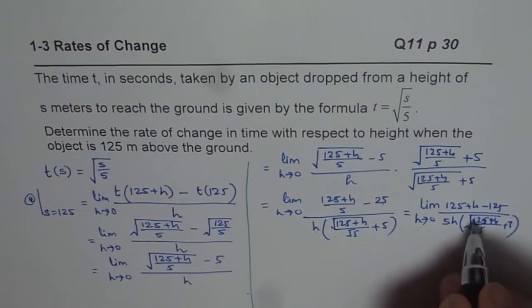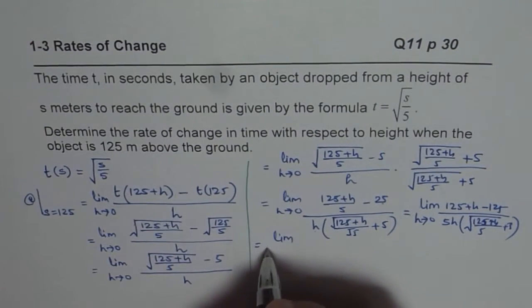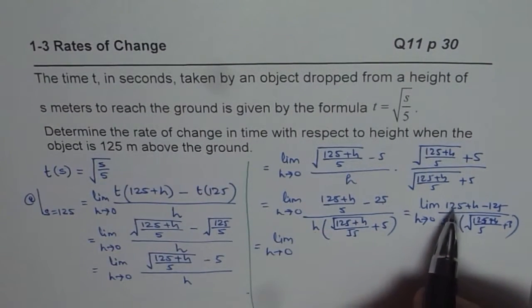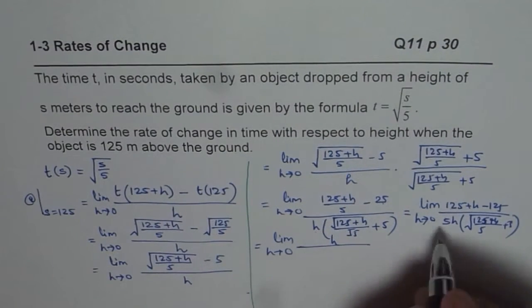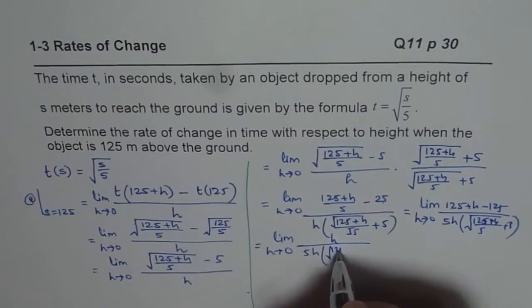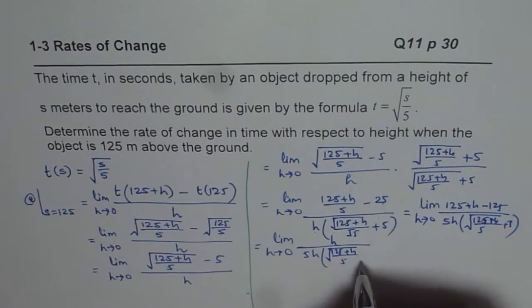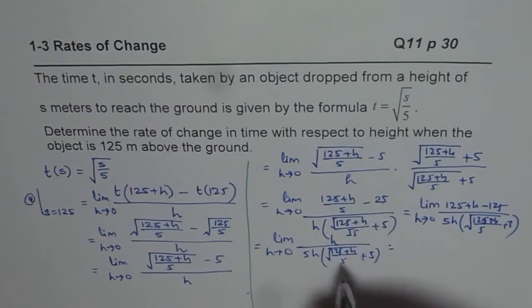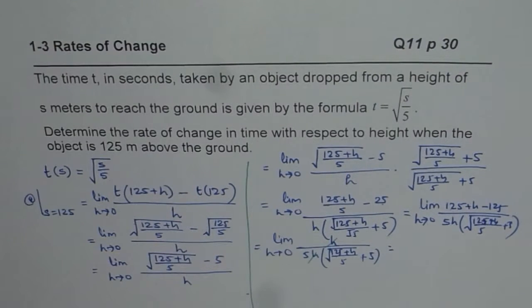This is all within the square root actually. So 125 minus 125 is 0, so we get h in the numerator, and the denominator is 5h times the bracket. Now since h and h cancel, we can substitute h as 0 and then calculate our answer.